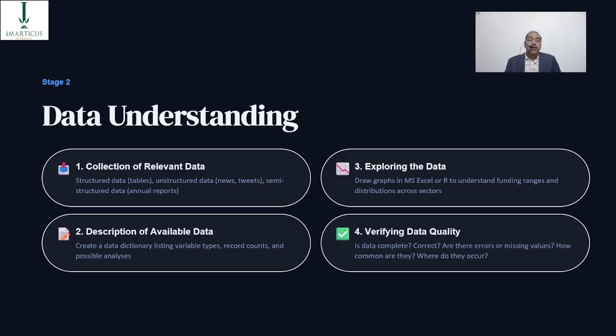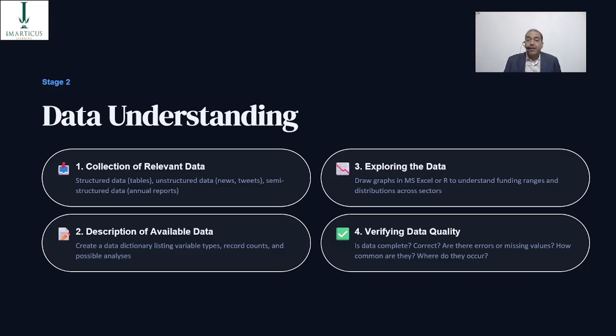Third step is exploring the data. To explore the data, we can simply draw graphs in MS Excel or in R to understand the range of funding received by the companies. And then finally, we have quality of data. Once we have understood the data structure, we can examine the quality of the data and address factors such as: is the data that I've collected complete enough?